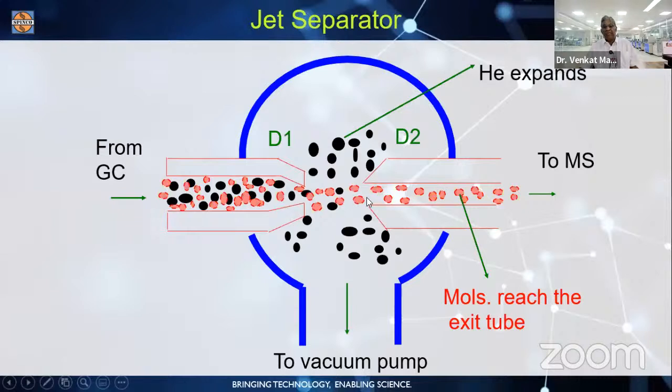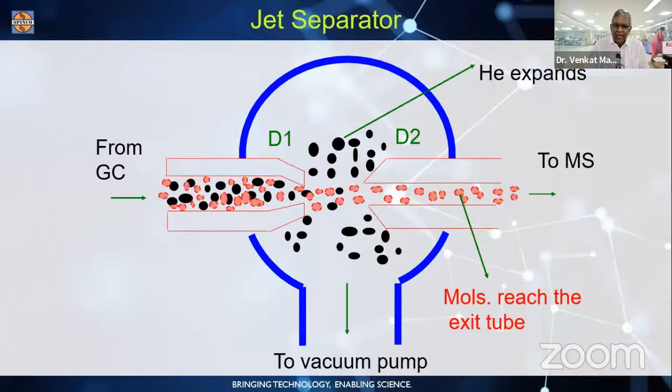Your sample goes into another capillary kept very close to this exit line, and thereby the compound reaches the mass spectrometer. So, using the jet separator, I am able to remove the helium gas when the flow rate is very large. Because the molecular weight of helium is low, it undergoes a larger expansion compared to your sample. Therefore, the sample is able to pass through into the mass spectrometer, where the carrier gas is minimized.